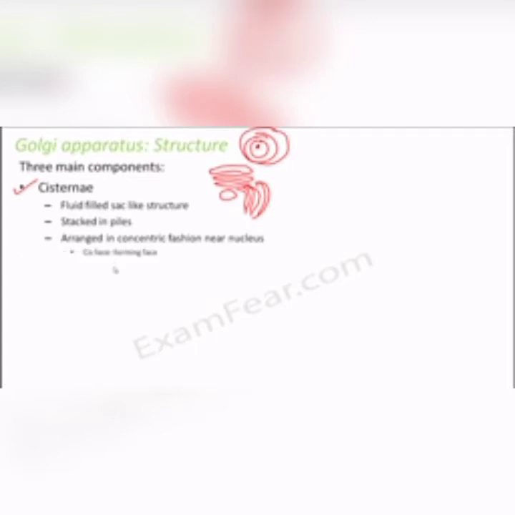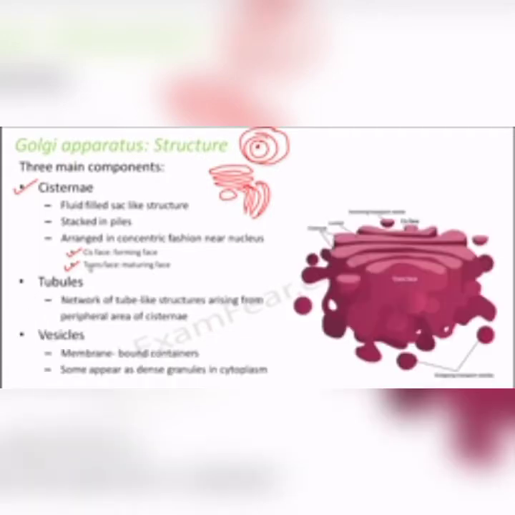Now since it is arranged in such a fashion, there are two faces of the cistern: one is the cis face and the other is the trans face. So what is the cis face and what is the trans face? We will quickly see in the picture. If you look at this picture, this is the trans face and this is the cis face.